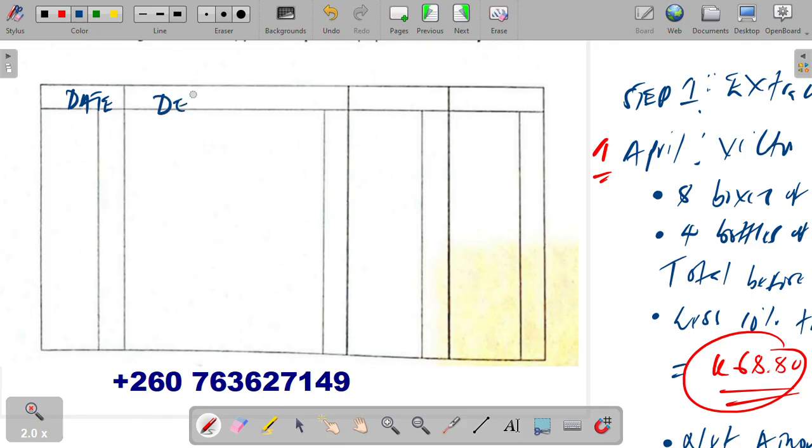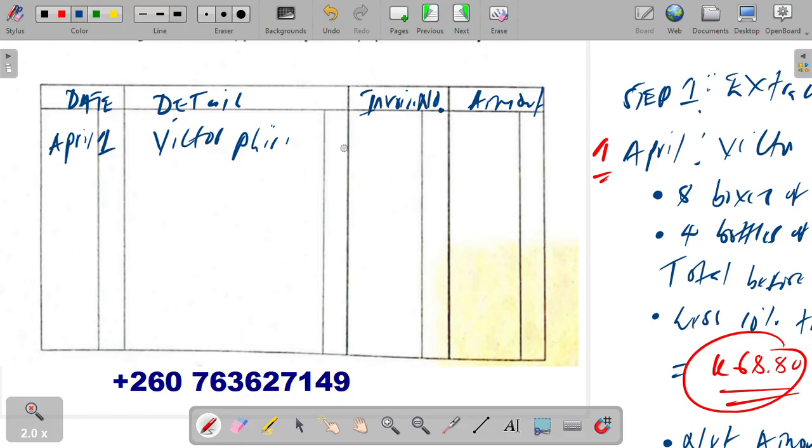Let me say details, maybe invoice number here, the invoice number, and then amount. Okay, right, so on the 1st of April, April 1st, Victor Piri.